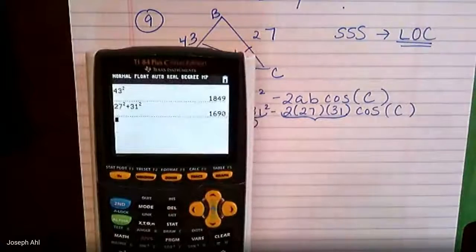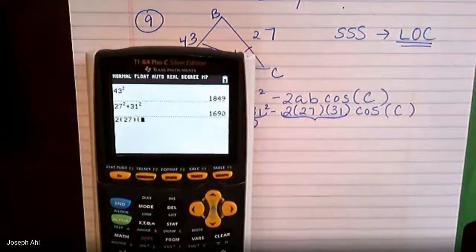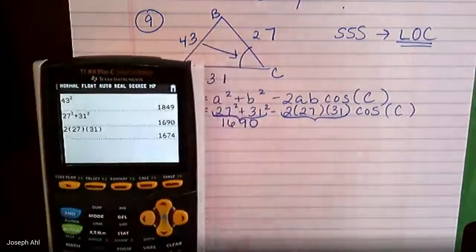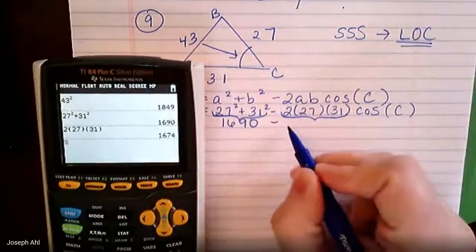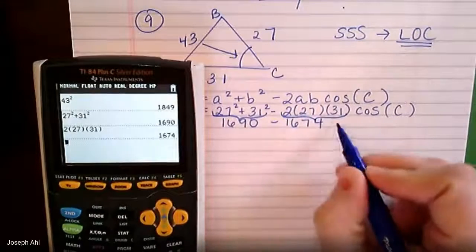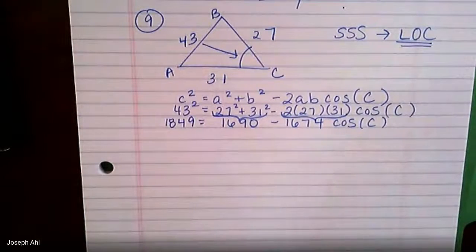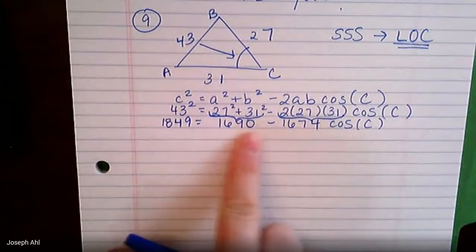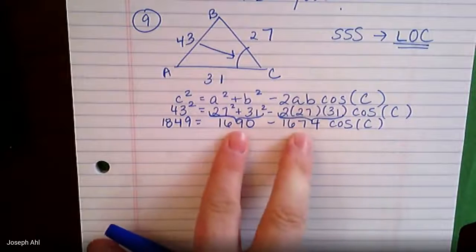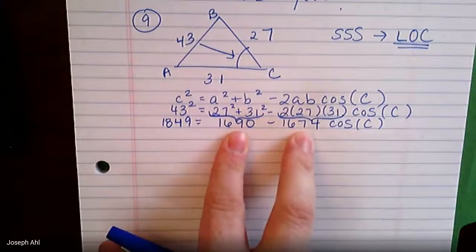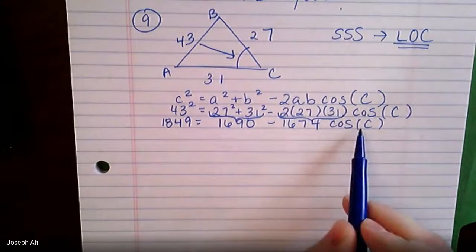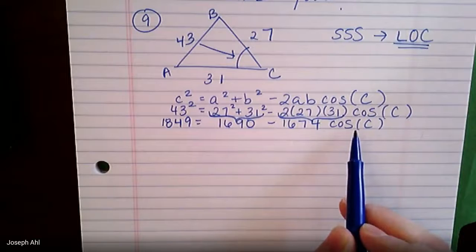And then on the other hand, if I do 2 times 27 times 31, that's going to be negative 1,674 cosine C. And it's really tempting at this stage in the game to subtract those numbers, because it's like, hey, I'm doing subtraction right here. But the only thing is that 1674 is attached to cos C through multiplication.